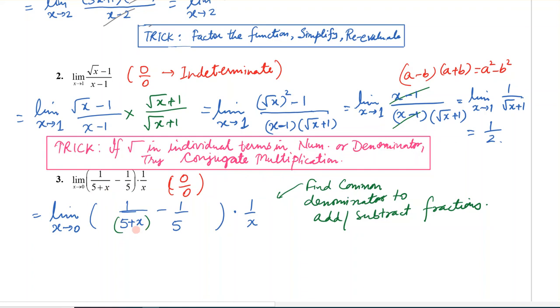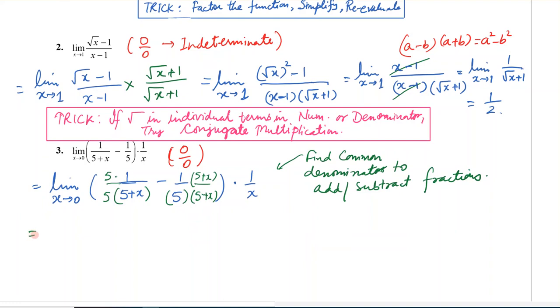Here we divided by 5, so we have to multiply by 5 so that we keep the equivalent fraction. Similarly, here we divided by 5 plus x, so we need to multiply by 5 plus x as well to make the equivalent fractions. And then we get limit x approaches 0.